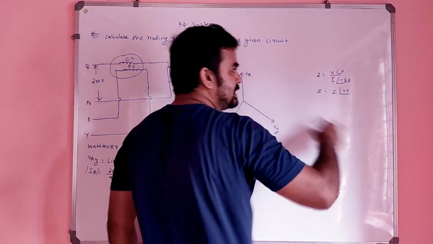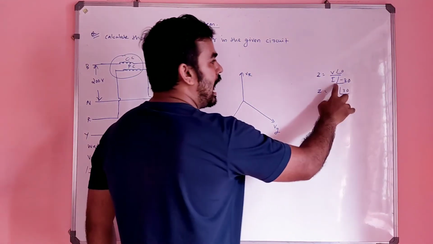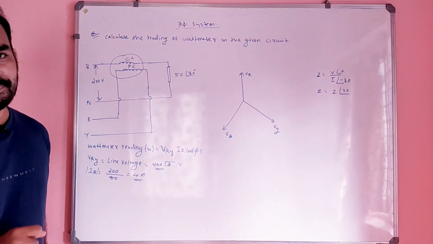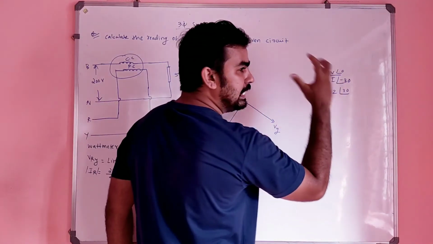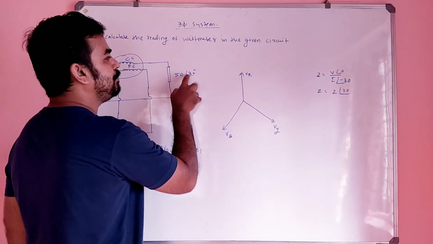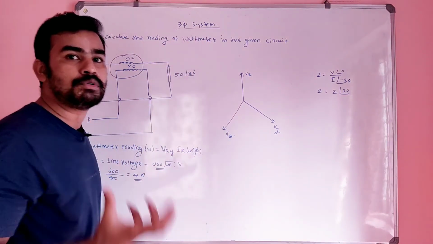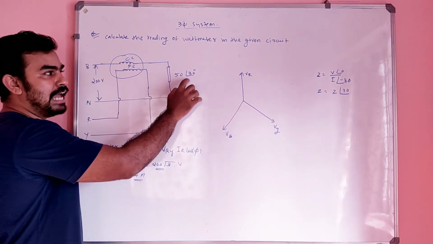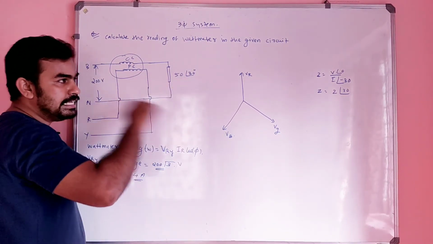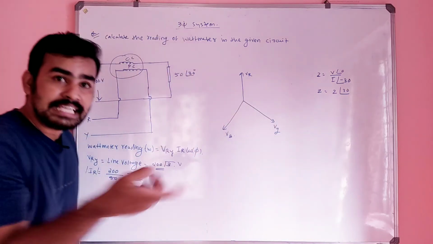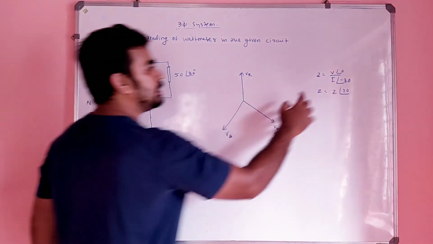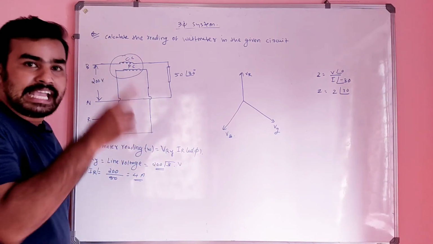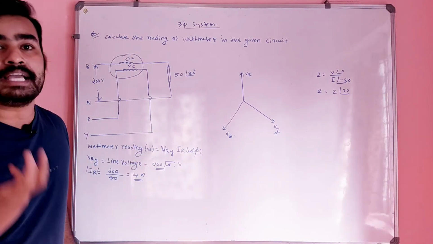So for this to happen, I will be 30 degree lagging. Correct or not? For Z to be 50 angle 30 degree, with 30 degree a positive value, only if the denominator I has a minus angle will V by I go to the top side and make a positive value.